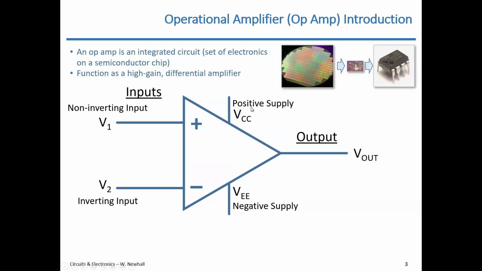The positive supply is typically something like 5 volts, 12 volts, 15 volts, 28 volts, something like that. The negative supply is typically something like negative 15 volts, negative 5 volts, and it can actually be 0 volts too. We'll look at some examples and why you might choose the voltages for those supplies for certain situations.